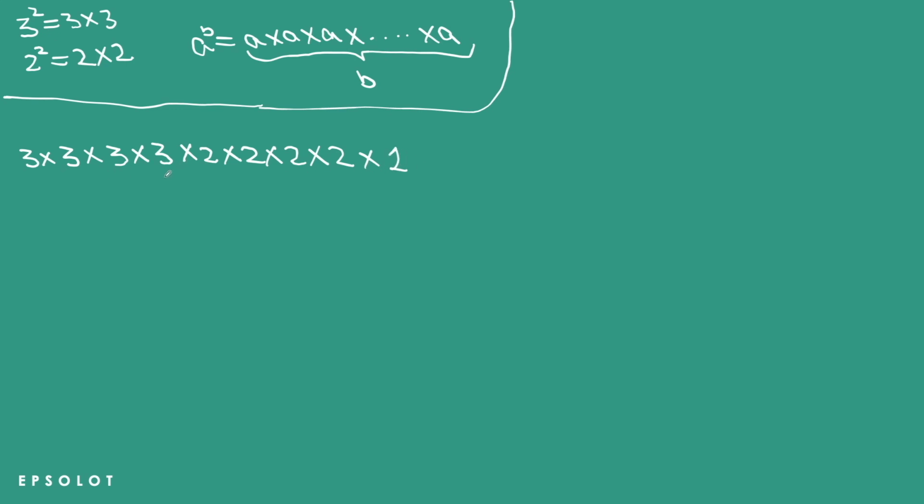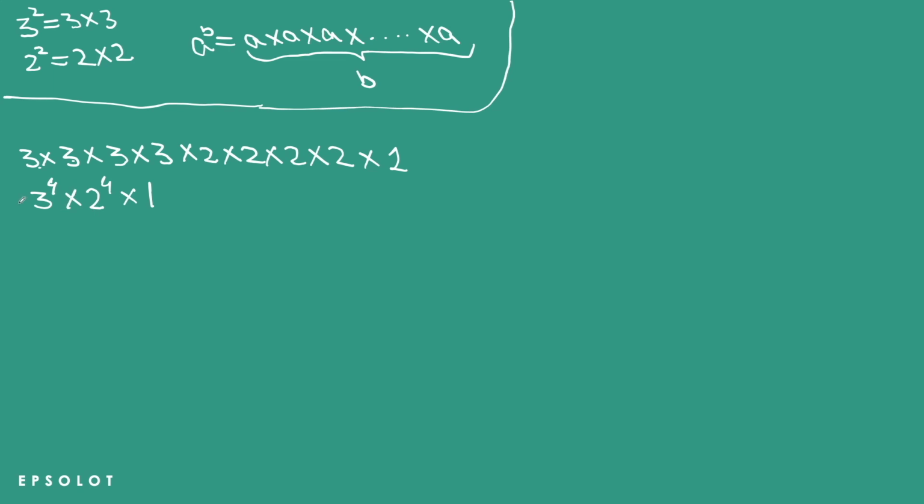This is a pretty long equation to write. But since you have 4 threes being multiplied by themselves, you can rewrite the above as 3 to the power of 4 times by 2 to the power of 4 times by 1.